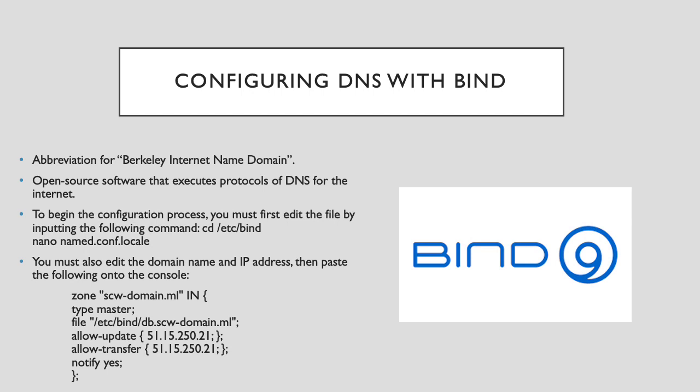If you want to configure on the secondary instance, edit the same configuration file, so the named.conf.local file. After that, you input and paste a certain command, which you can also find on Google because it's too long, but it starts with type slave semicolon file /etc/bind/db, and then keep going. Then restart the service to verify that the zone replication is working accordingly.